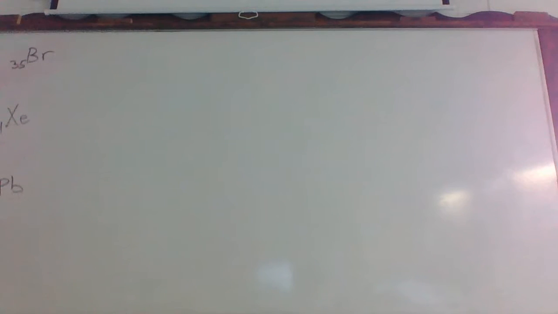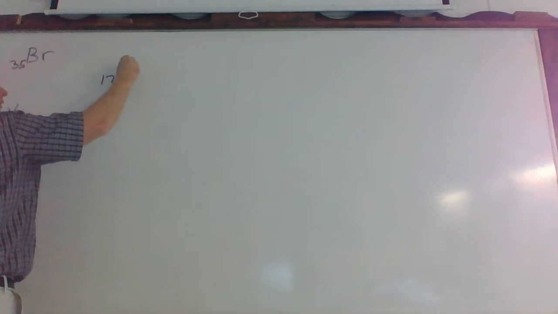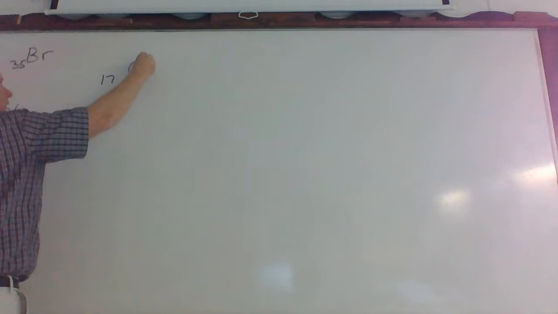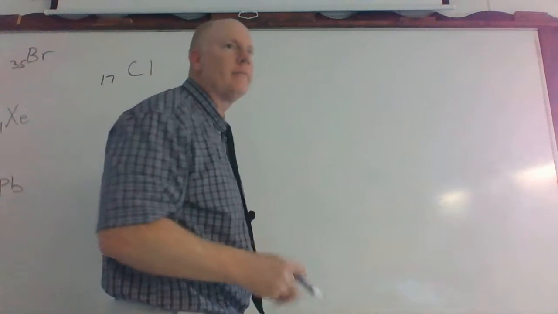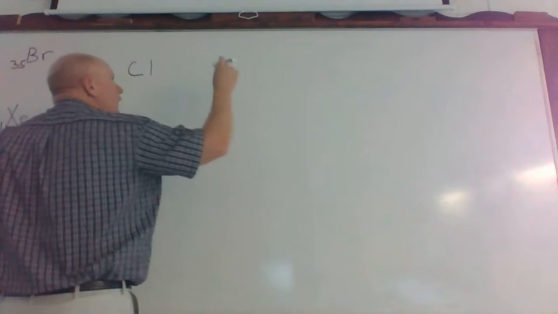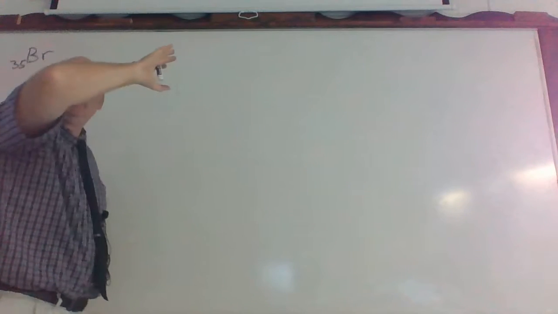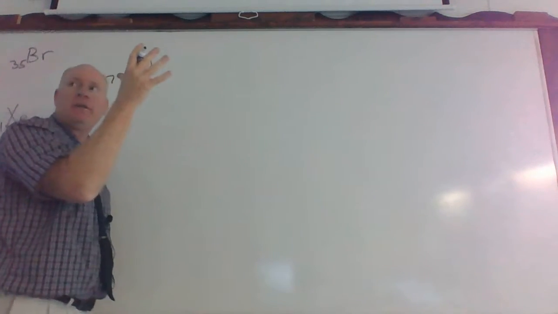17 is the first one that I heard. Okay, so which element are we dealing with? Okay, so first of all, we'll do the configuration for that, because that's where this is derived from.